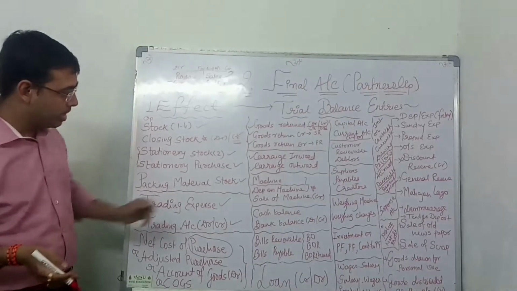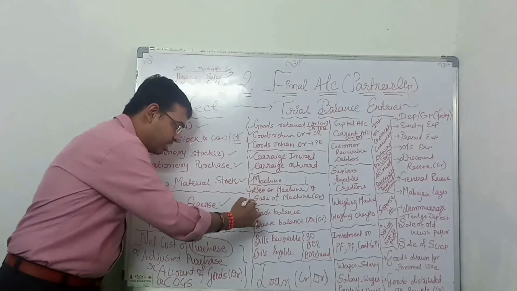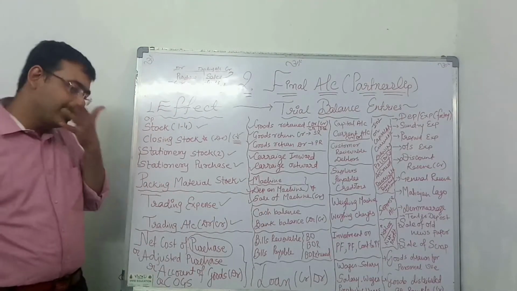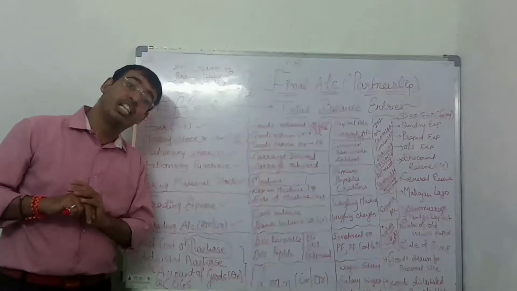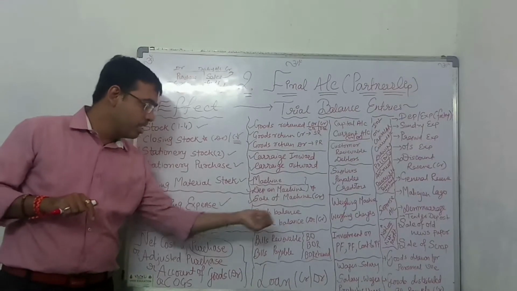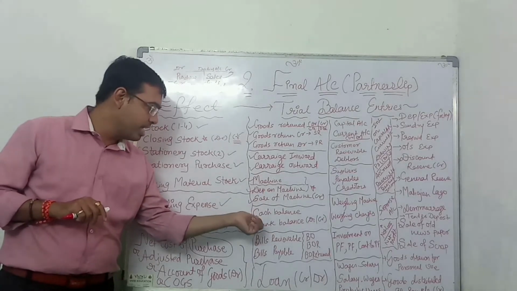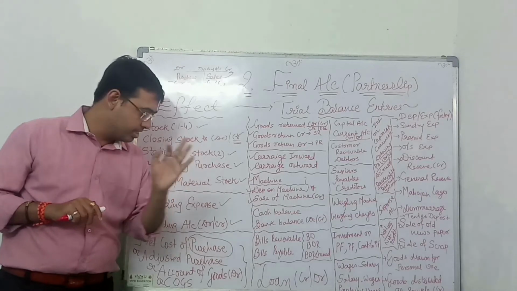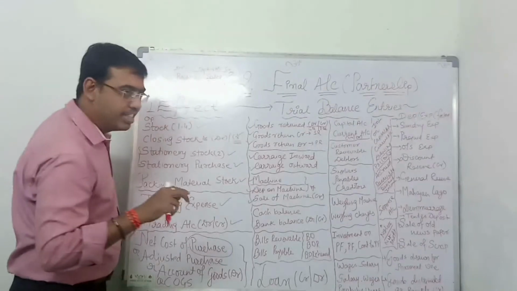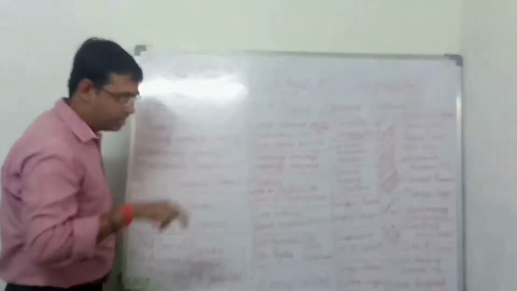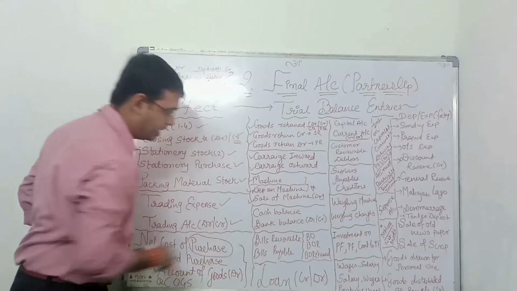Now moving further, cash. You know cash balance always has a debit balance. We know it from our standard 11. So cash balance always has a debit balance, that is the receipt side, so cash will be written on the asset side. However, bank balance is given on both sides. Sometimes it is given on the debit side, sometimes on the credit side.